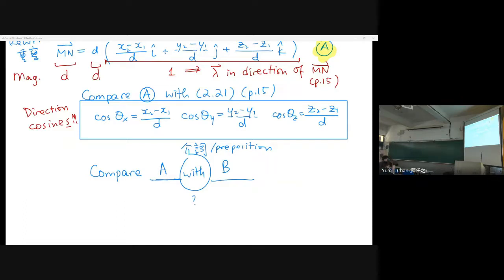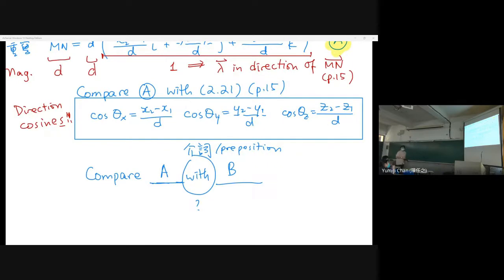Are there any other prepositions that we can use here? For those online, you can also leave your answer on the discussion board. Of course, we say compare A with B.